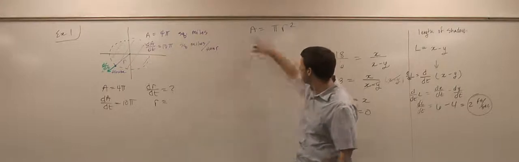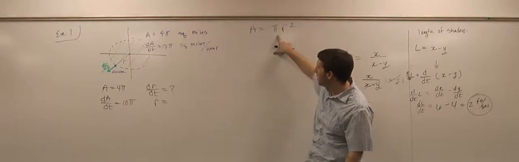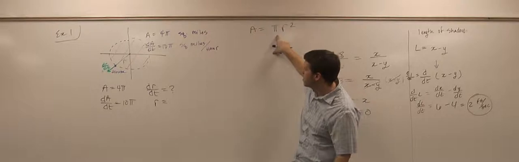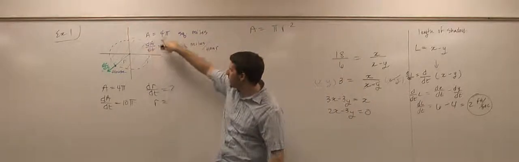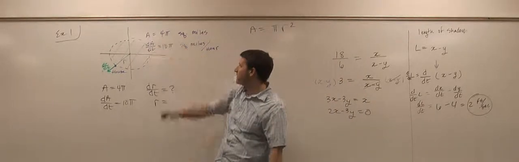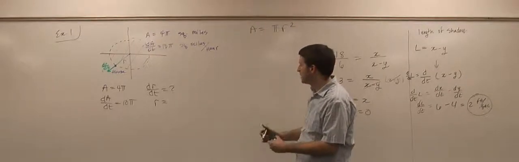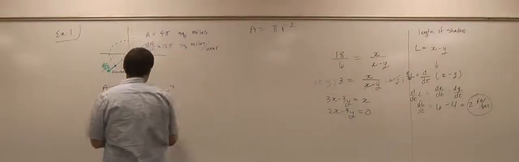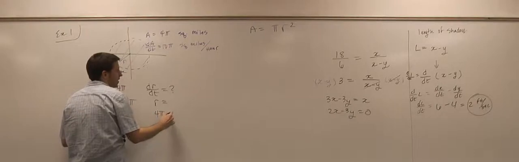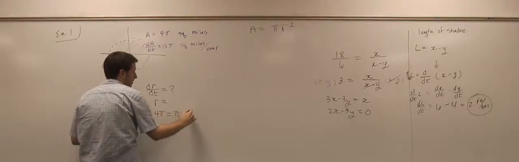If I did want to solve for r, I could do that at the beginning, right? At this instant in time, when the area of the infection is 4 pi square miles, I can solve for r by setting 4 pi equal to pi r squared.